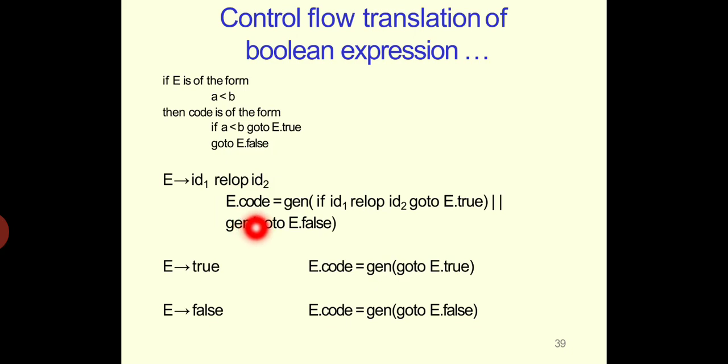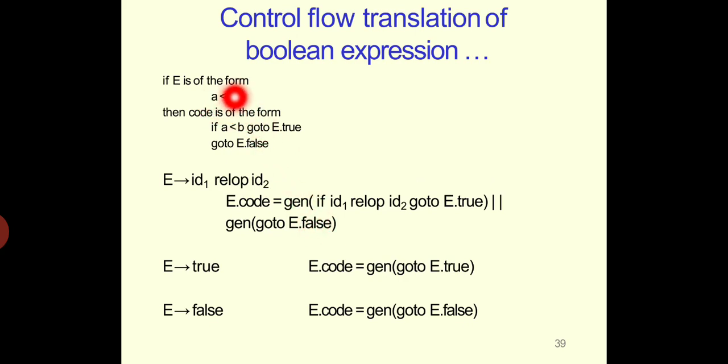That is, E.code is equal to generate if ID1 relop ID2 go to E.true. Then generate go to E.false. That means if the relation is true, the entire expression will be true. Otherwise the entire expression will go false.